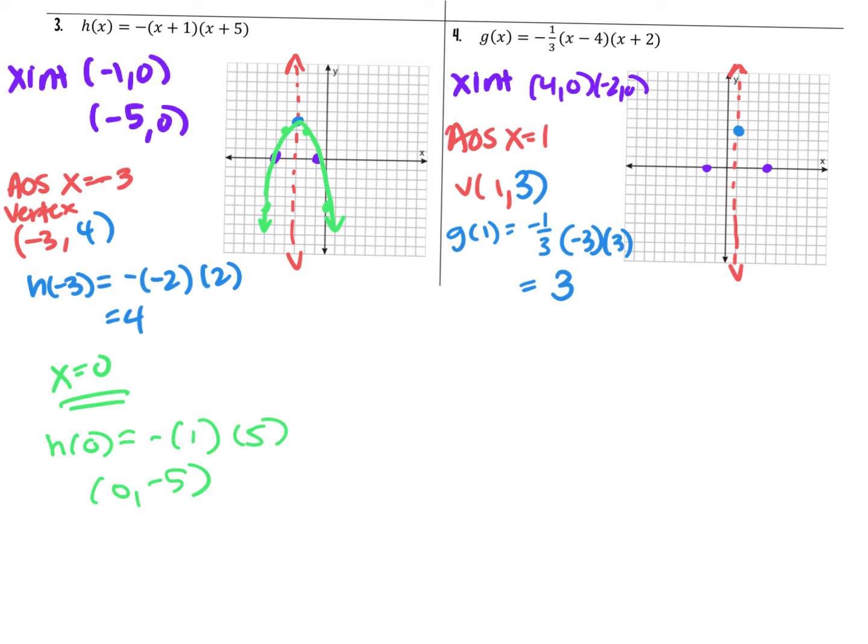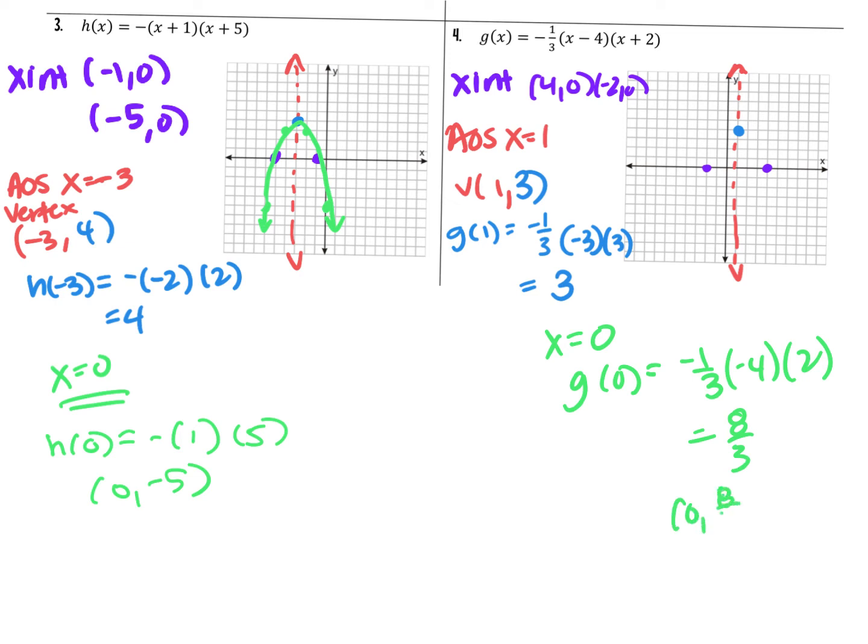All right. Now, there is a stretch happening on number 4, or there is a vertical shrink of 1/3 happening. So I need to find another point. So I'm going to plug in x equals 0. When I do this, I'm actually going to end up with a fraction. I'm going to end up with +8/3.